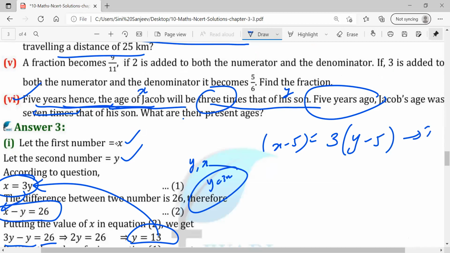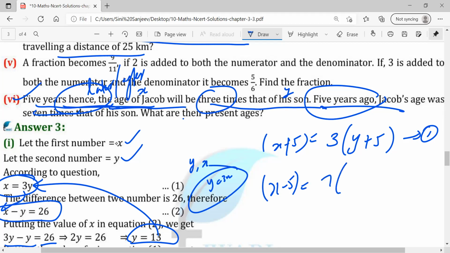That is my first equation. Five years ago, X minus 5 is equal to 7 times Y minus 5. That is my equation number 2.